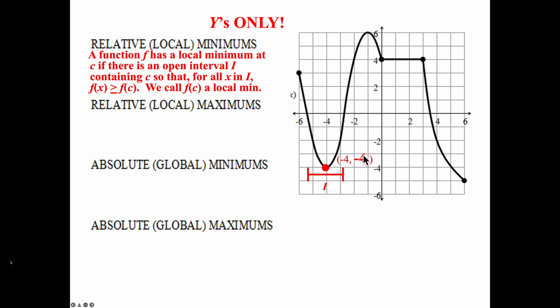This is the y coordinate -4 we put in our answer. That's the relative minimum, just the y coordinate. Now, there can be multiple relative or local mins. Again, remember, it's a short little interval at one turning point.